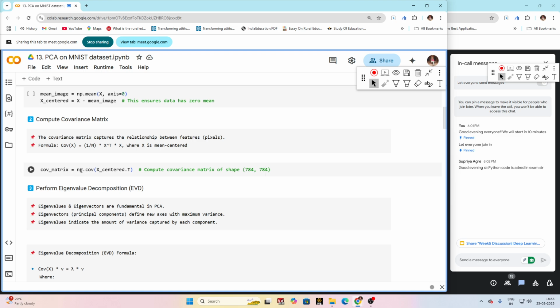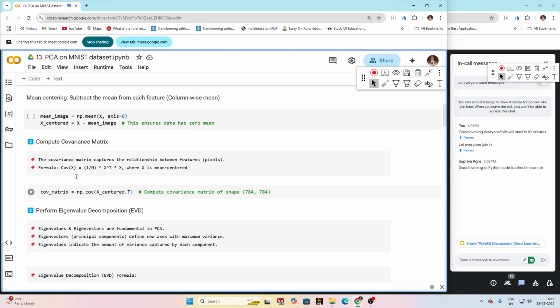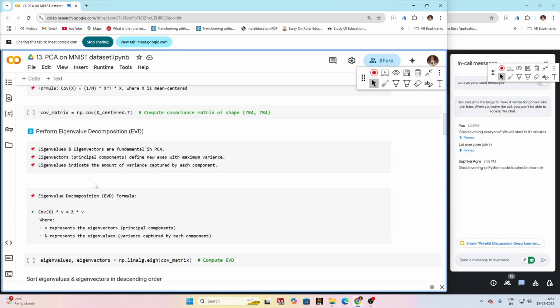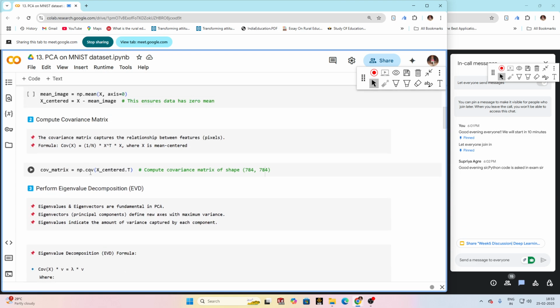Okay, this np is numpy, the library that we have imported as np. Then just put this and we can find the covariance matrix. Earlier we had the matrix x centered, and now we have found the covariance matrix.